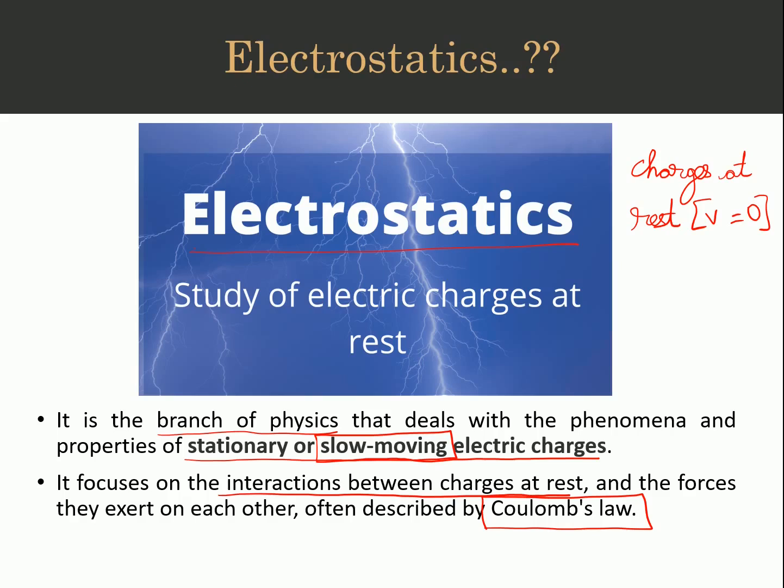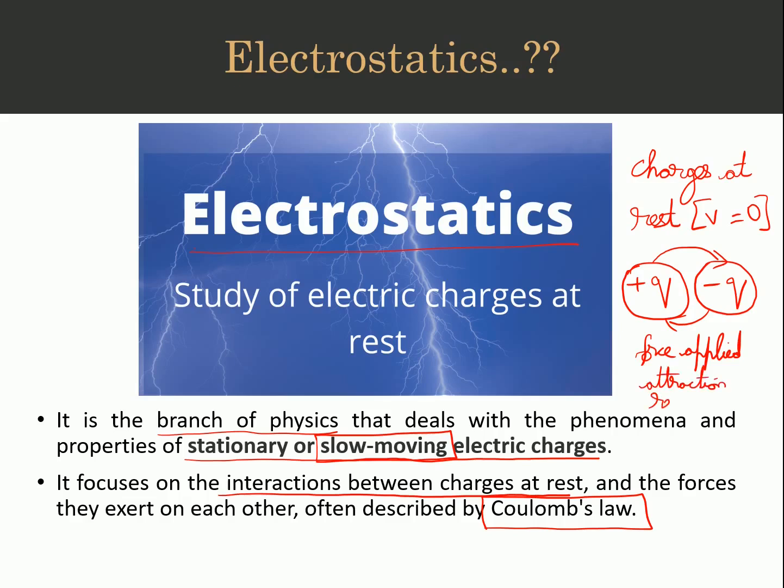This Coulomb's law is going to help us understand that if we have two charges of different polarity, how they are going to affect each other when a force is applied on these charges in the form of attraction or repulsion. So this is what we mean by slow moving electric charges.